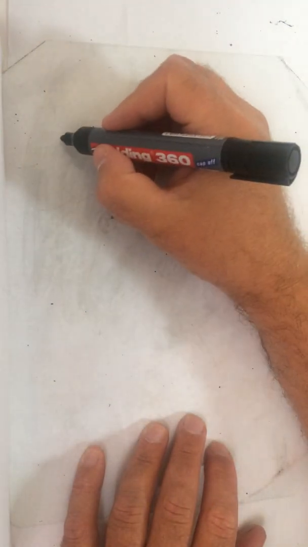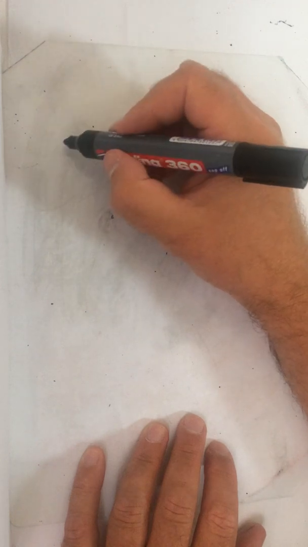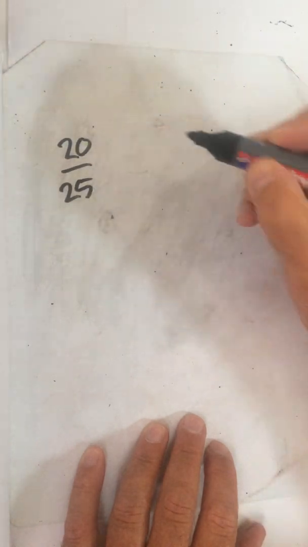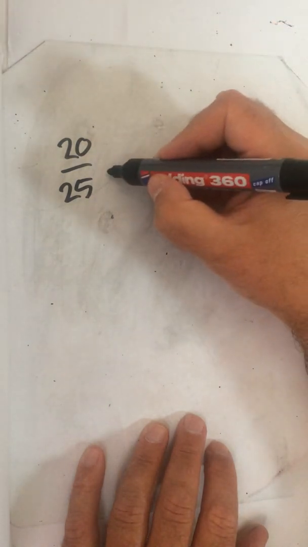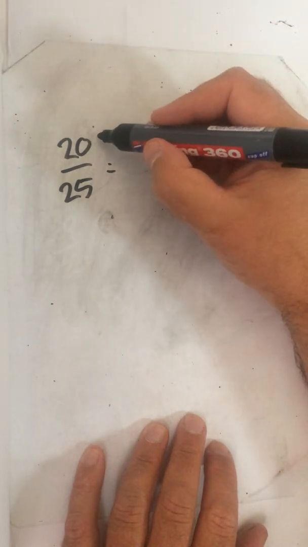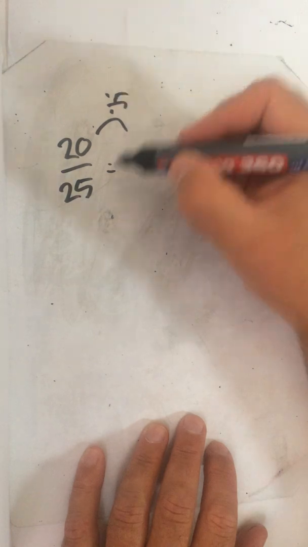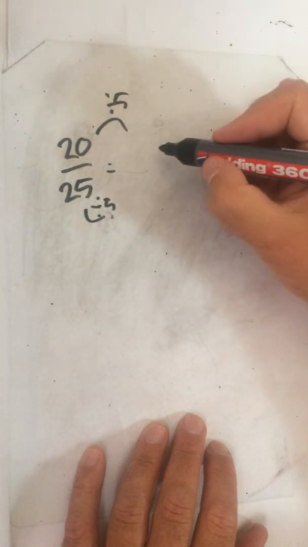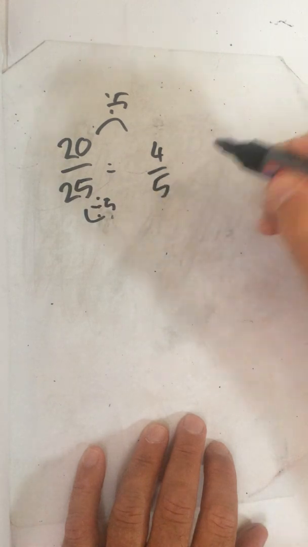Okay. So for example, if you are left with 20 out of 25 as the proportion, and you have to simplify that, obviously 5 goes into them both, isn't it? You divide them both by 5. Divide both by 5. That's the highest common factor. 4/5, isn't it?